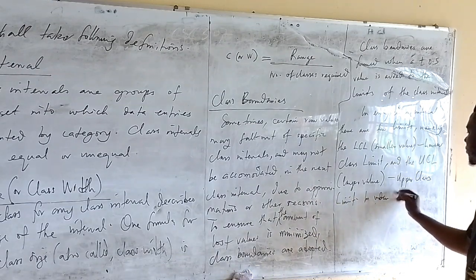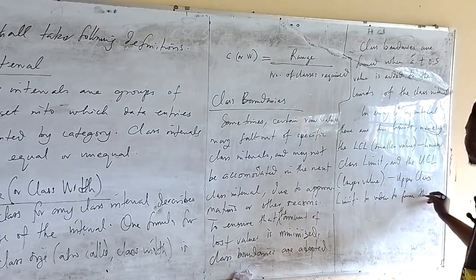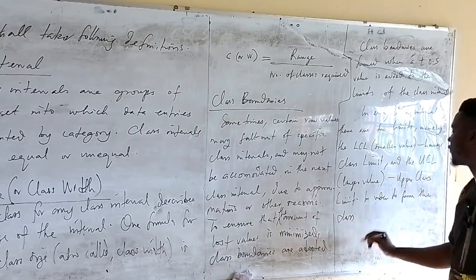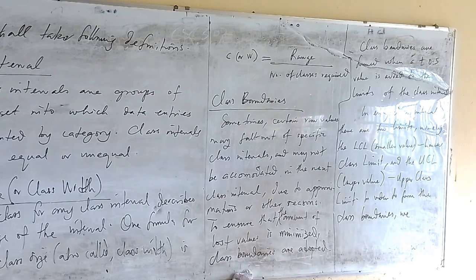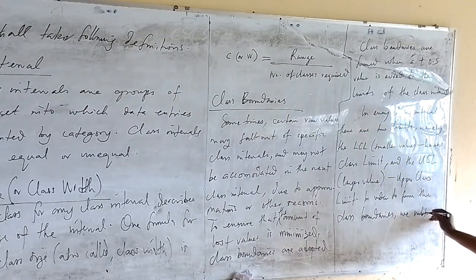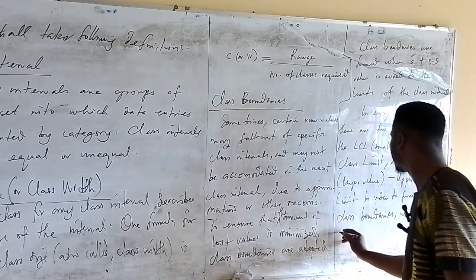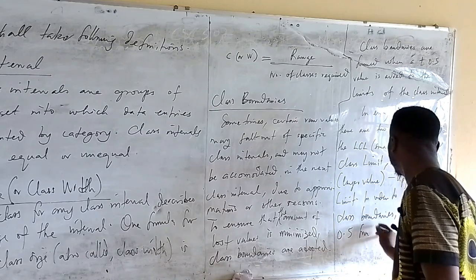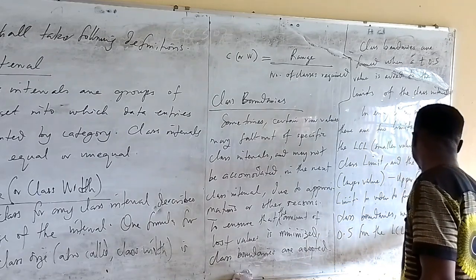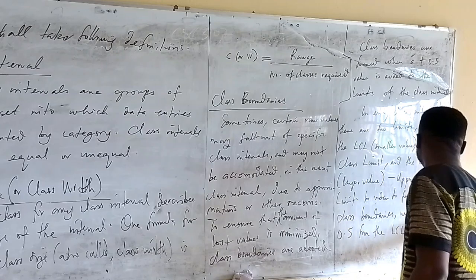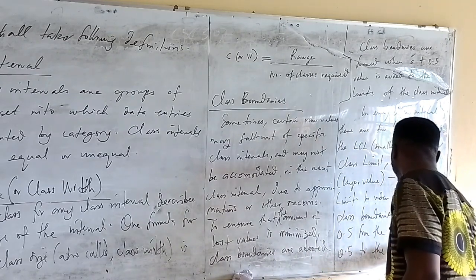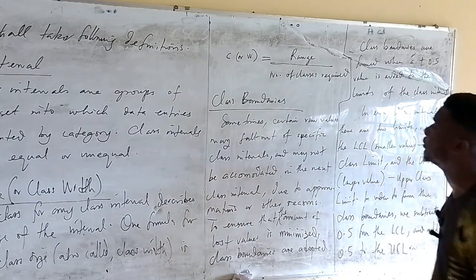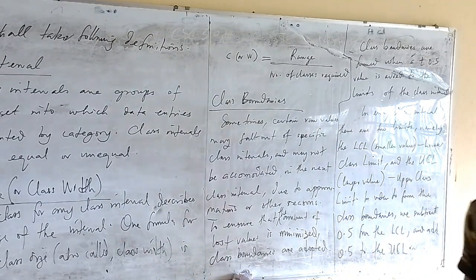In order to form the class boundaries, we subtract 0.5 from the LCL and add 0.5 to the UCL. Okay? Can I wipe this off?